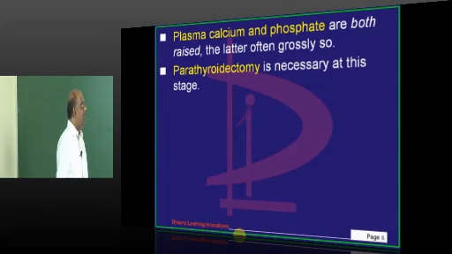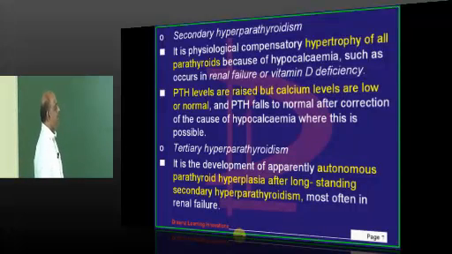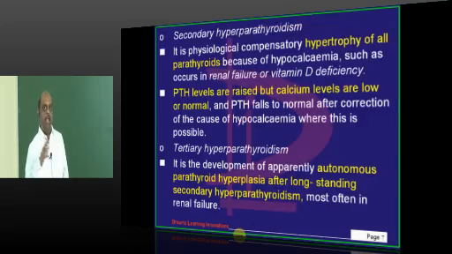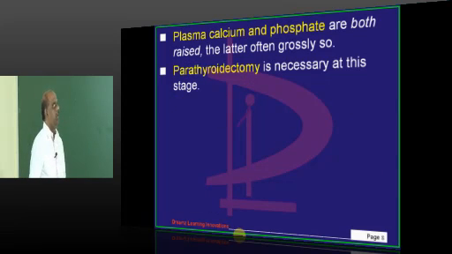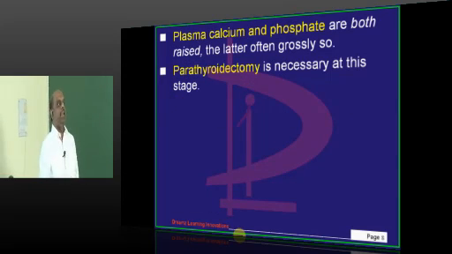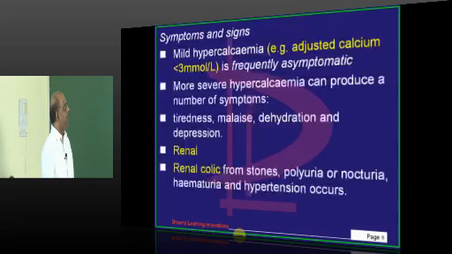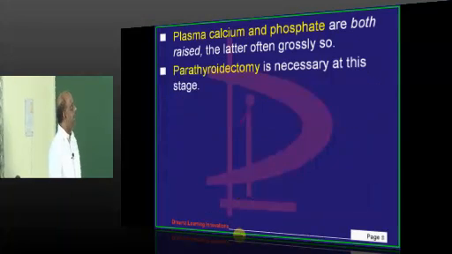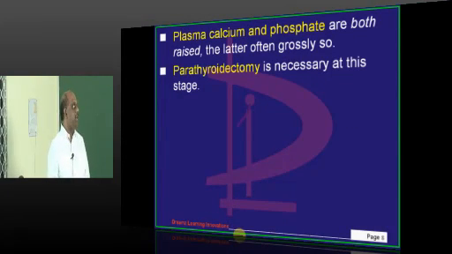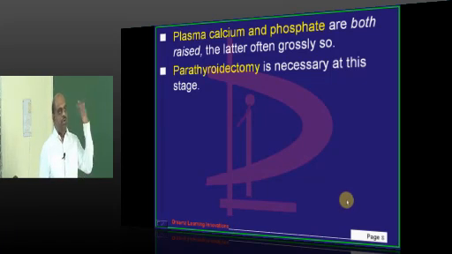In tertiary hyperparathyroidism, calcium levels will increase and phosphate levels also will increase, and at this stage they require parathyroidectomy. Otherwise, those autonomous parathyroid glands continue to hyperfunction and keep on producing parathormone.